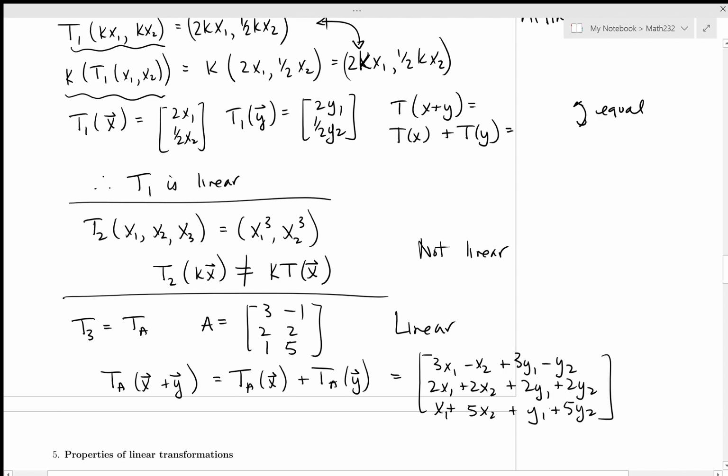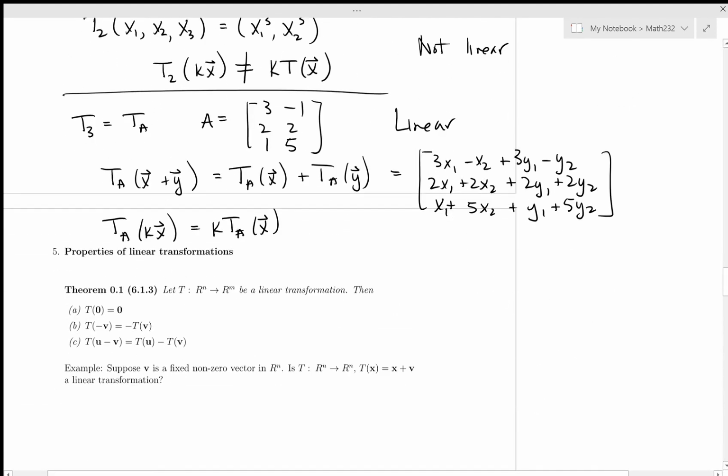So you check that one, and then you can check this. It's a really good idea to stop the video and do that. Those are the two conditions that you check, and if they both pass, the thing is linear.